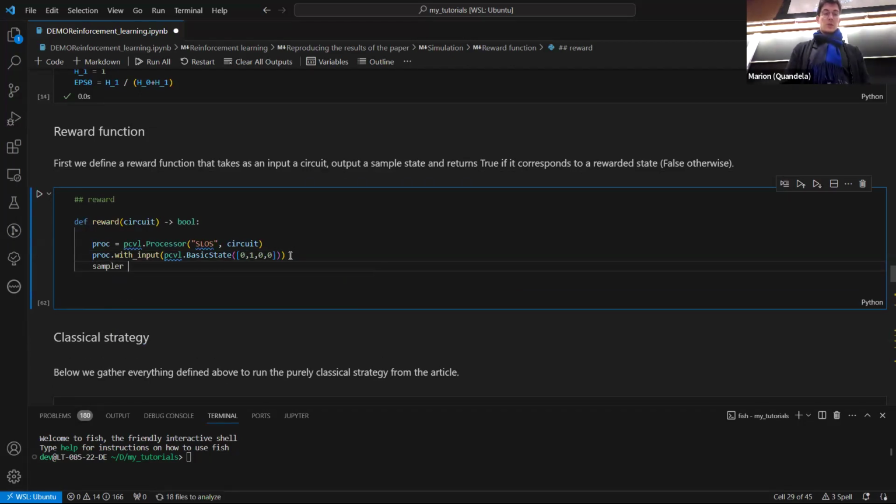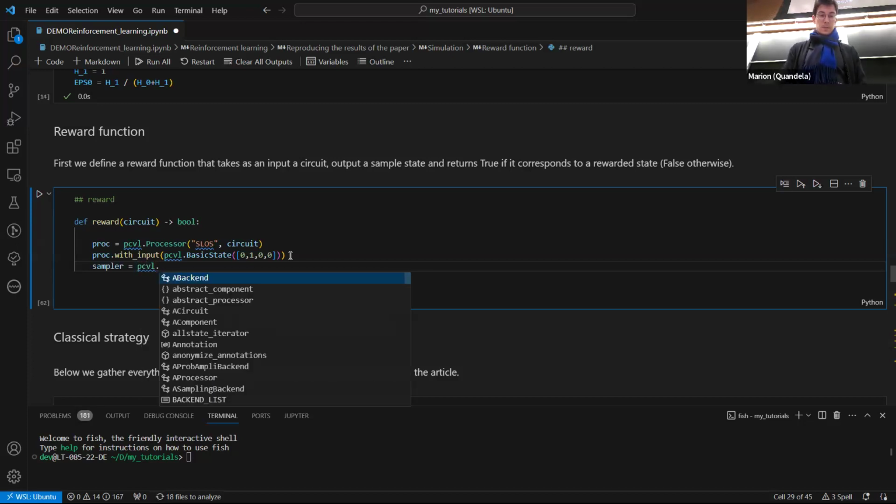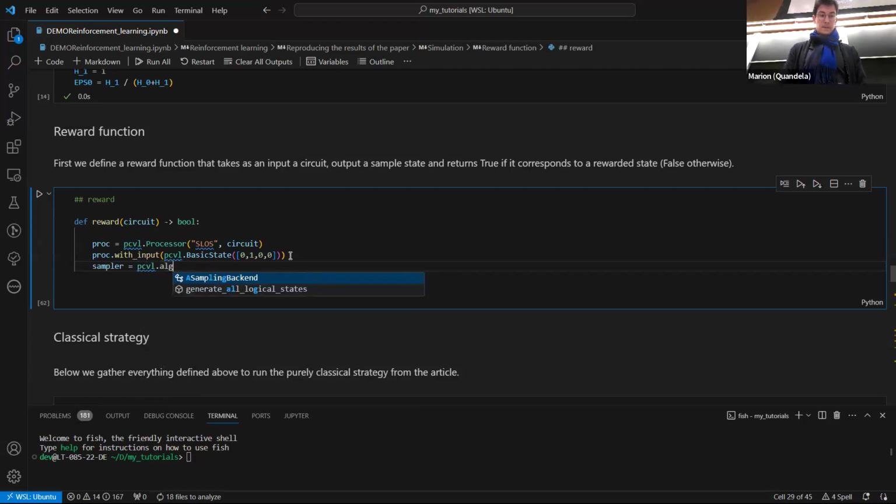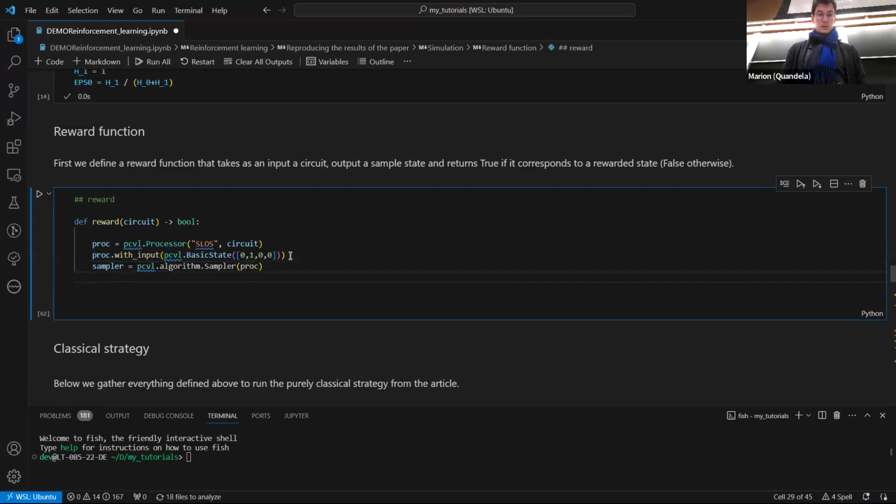And then we are going to call the sampler method because we just want to output one sample when running the circuit. Dot sampler. Yes.